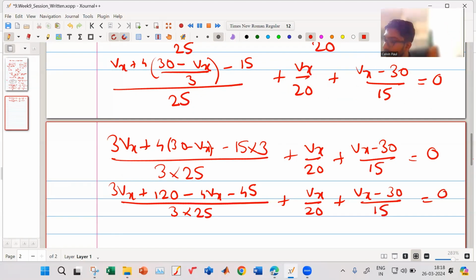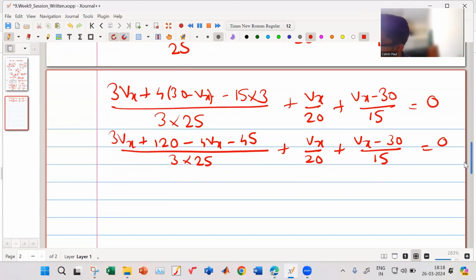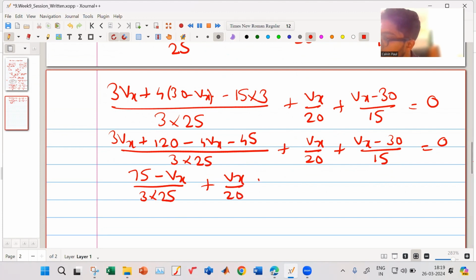Okay, so what is 120 minus 45? 75. So 75 minus Vx upon 3 into 25, plus Vx upon 20, plus Vx minus 30 upon 15 is equal to 0.